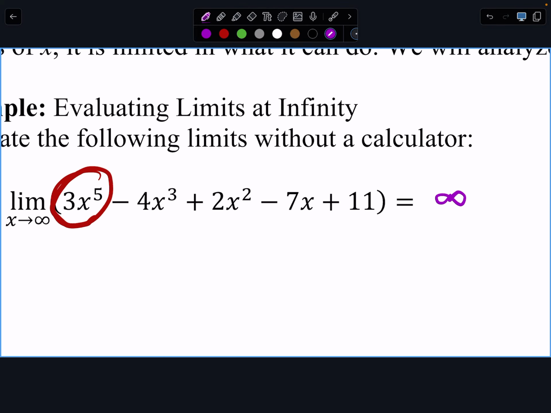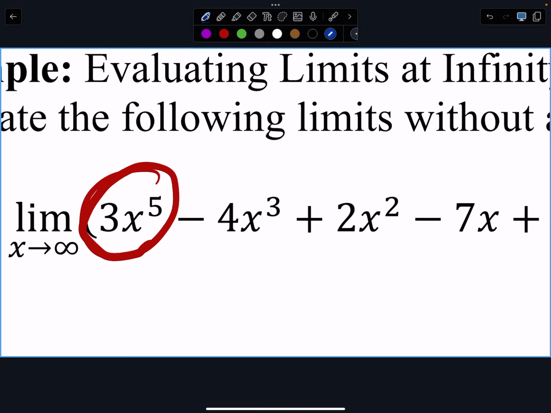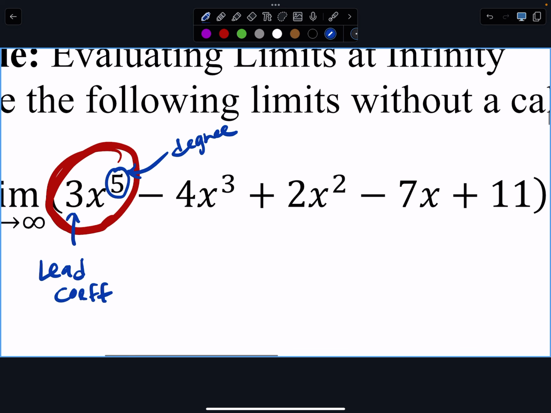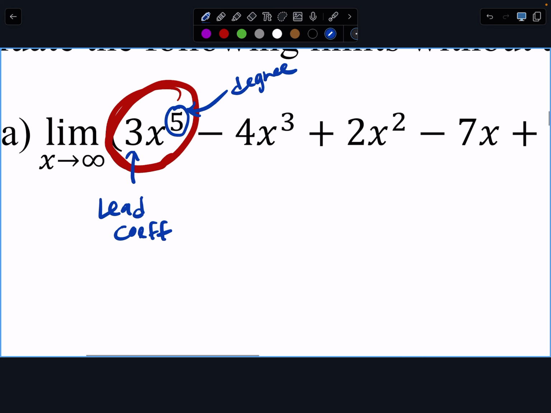The more pre-calc perspective would be like, hey, I'm looking to the degree of the polynomial and the fact that the leading coefficient is positive. So that indicates that end behavior would be similar to a positive sloping line. Right?